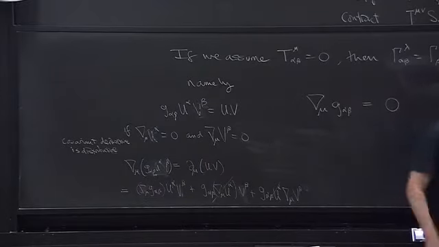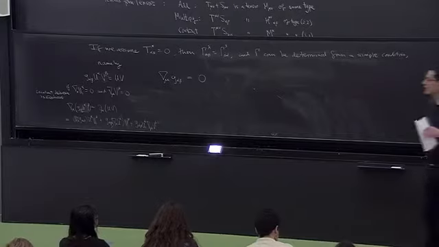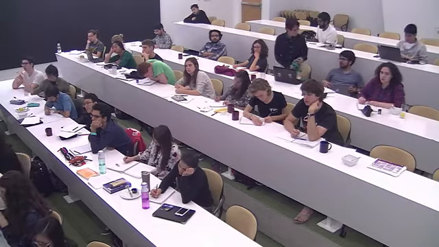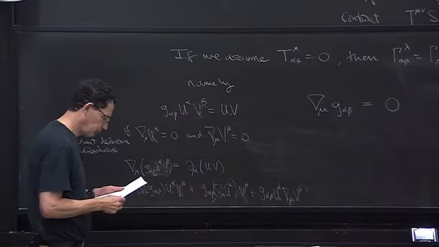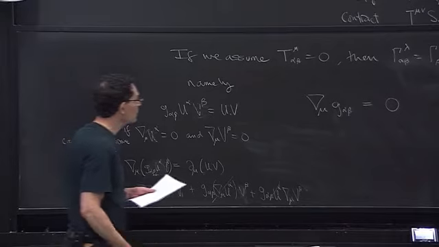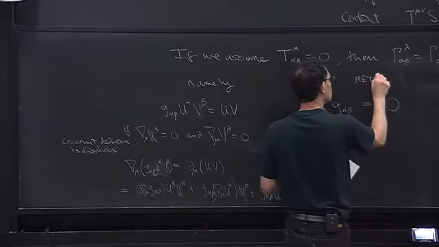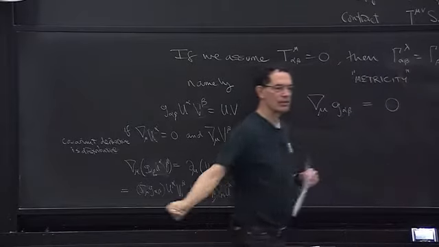So that's an appealing property, that the metric doesn't change covariantly across space-time. So this equation is called metricity. I think that's a more modern word.